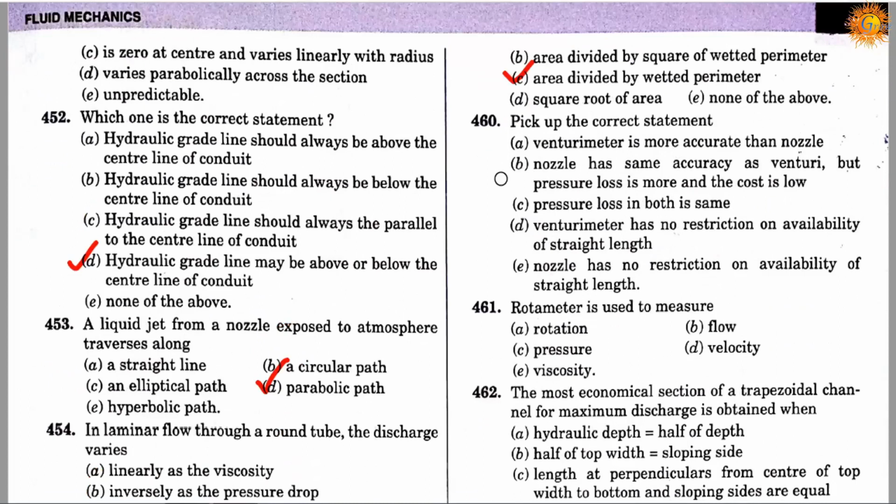Question number 460. Pick up the correct statement. Option A, venturi meter is more accurate than nozzle, option B, nozzle has the same accuracy as venturi but pressure loss is more and cost is low, option C, pressure loss in both is same, option D, venturi meter has no restriction on availability of straight length, and option E, nozzle has no restriction on availability of straight length.